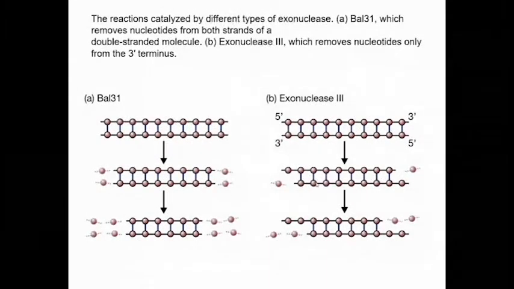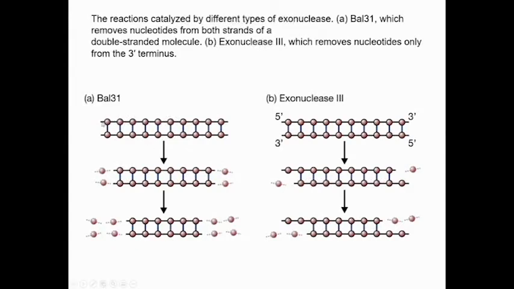For the exonucleases, there are two different types. For Exonuclease I, basically they can remove nucleotides from both the 5' end and the 3' end.